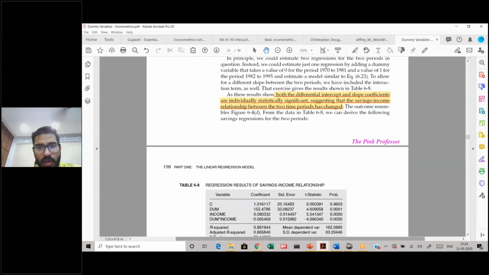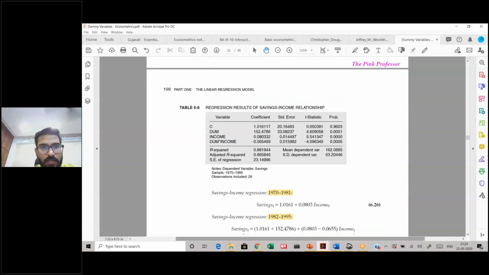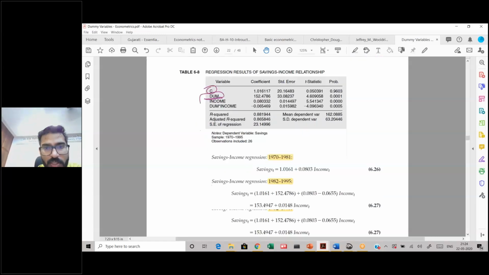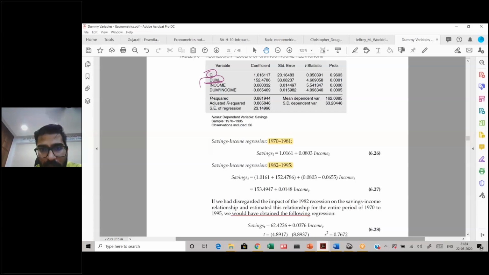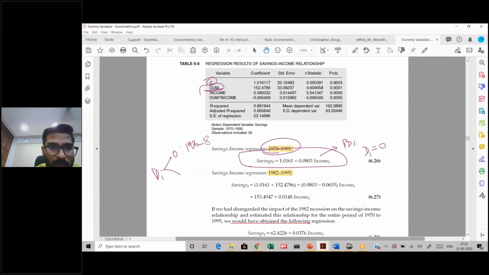We have a regression, let me show you the regression equation. You have this as your constant. You have a dummy variable. This is savings, as this is your personal income, your personal PDI. This is the case where your DI is equal to 0, where DI is basically taking two values. It is taking the value 0 if the data is from 1970 to 1981, and it's taking the value 1 from 82 to 95.